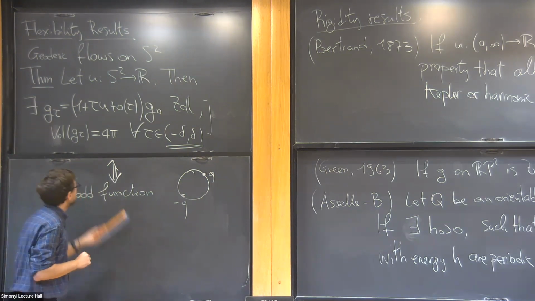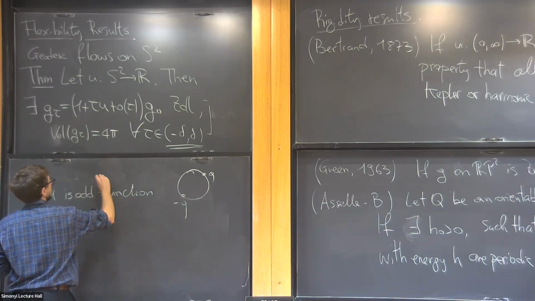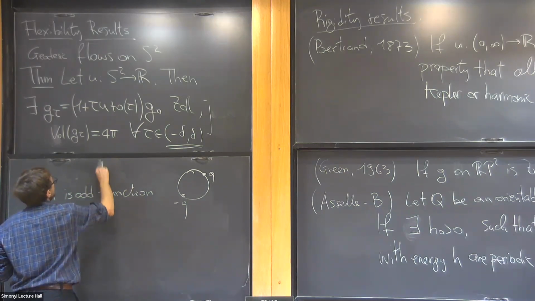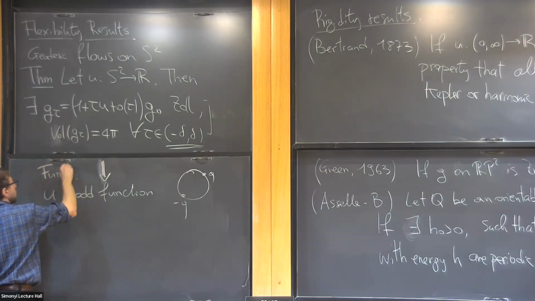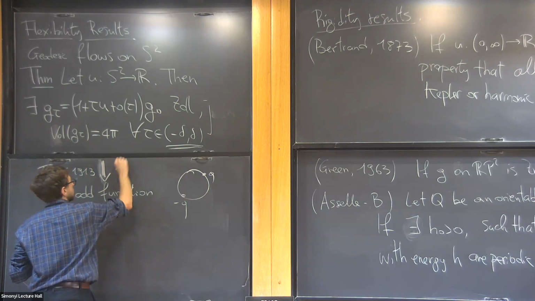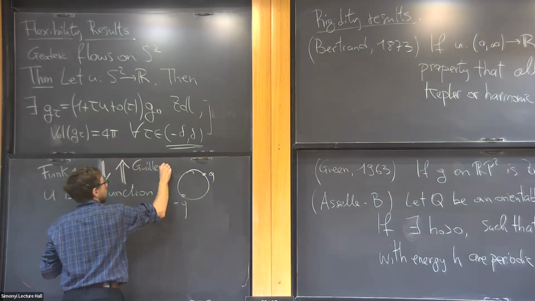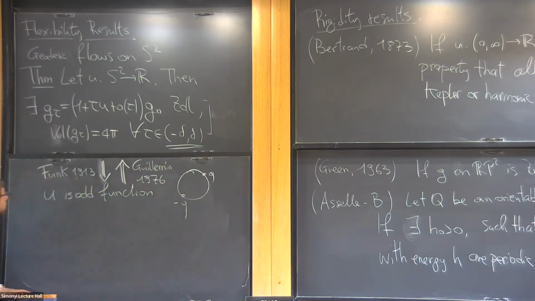And there is one easy direction, which is this direction here. This is due to Funk in 1913. And this one here is the hard one. This is due to Guillemin in 1976.